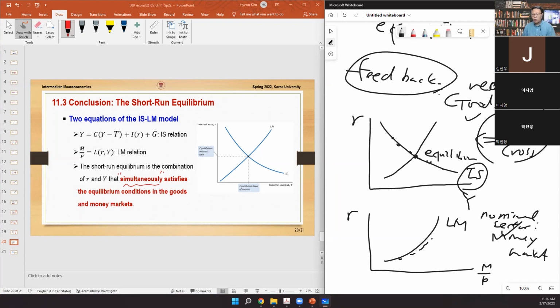So in the short run, when you have a sticky or rigid price, some policy variables will make some change in your real sector, even a policy from the monetary or nominal sector. That means in the world of Keynesian economics, there is no classical dichotomy. That's why they are fundamentally different.